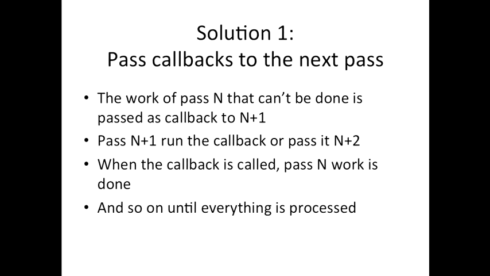The first solution is to pass callbacks to the next pass. You say, well, I've done this and this and these symbols, I processed them, but those and those and those symbols, I cannot process them. So here is the callback for you to call me back when I can actually process them. This is something that works.